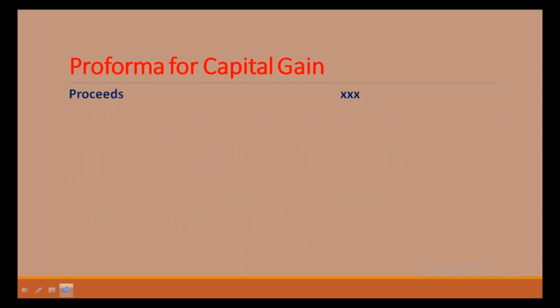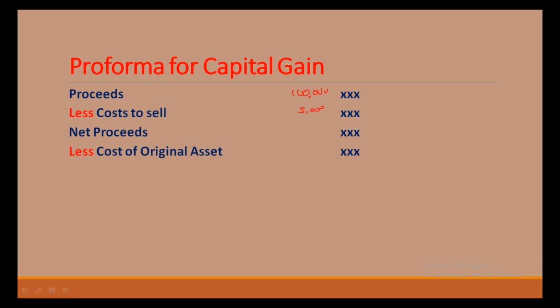Okay. So just a little bit of a pro forma for capital gain, how you calculate sale proceeds. Right? So this is what I've said, the 100,000 is your sale proceeds. Cost to sell is 5. So that is the first part of it, 95,000 we put up. So that is 95. Then the original cost of the asset, let's assume it is 50.